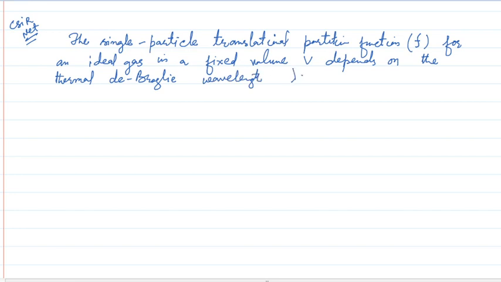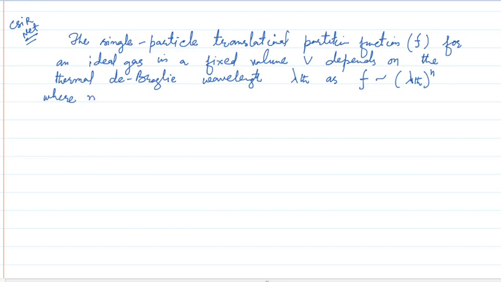They have given this dependence here: this partition function is directly proportional to the thermal wavelength raised to power n. We were supposed to find this n value.